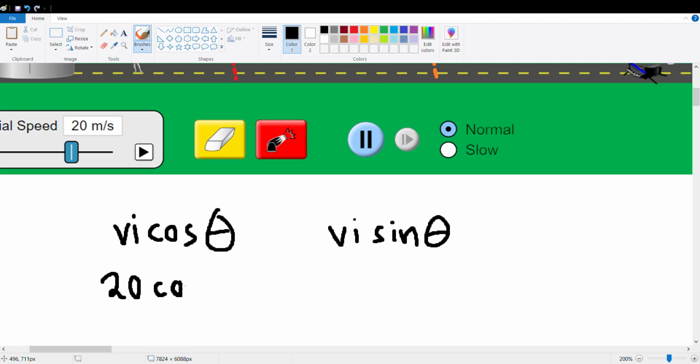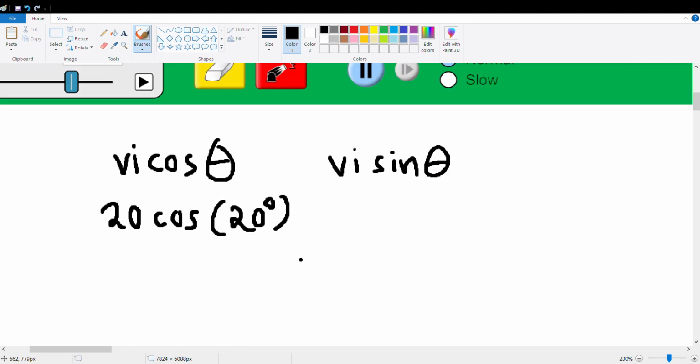So we're just going to do 20 cosine 20 degrees, which is 18.79. I'll just write it like this.